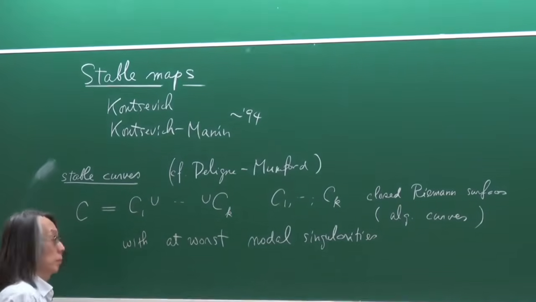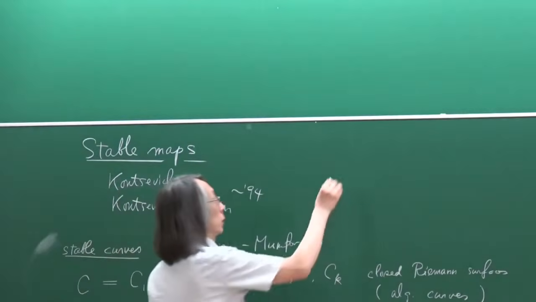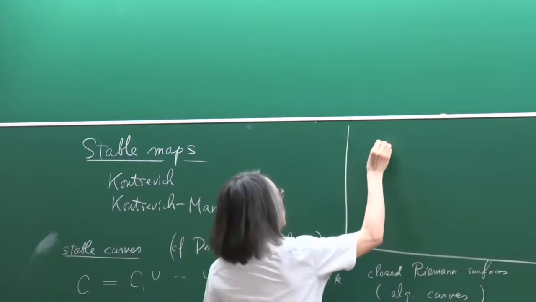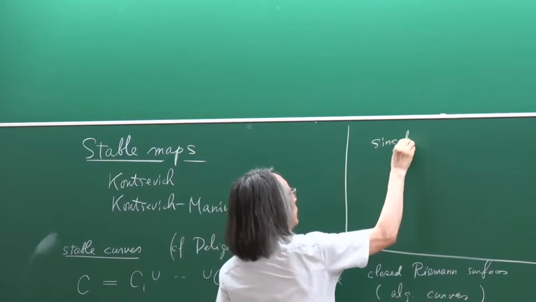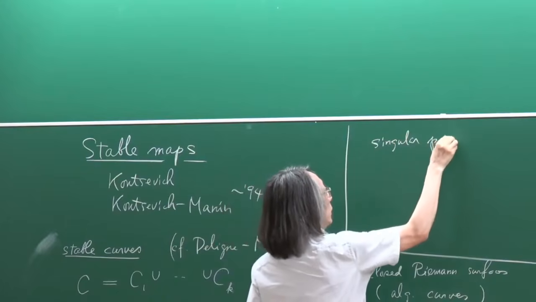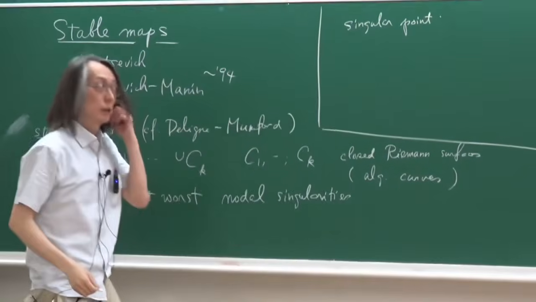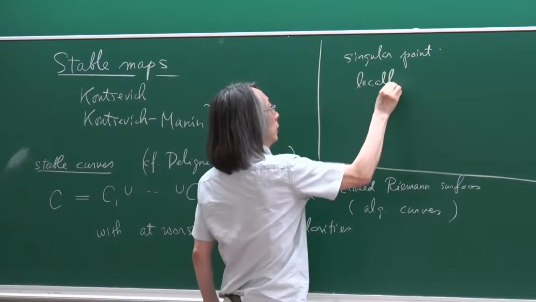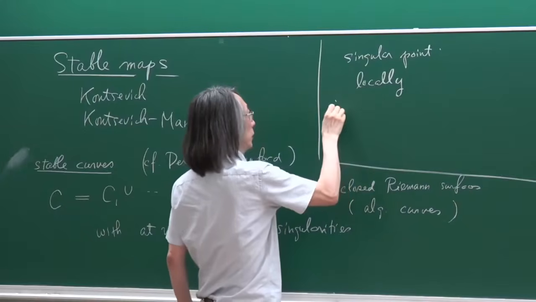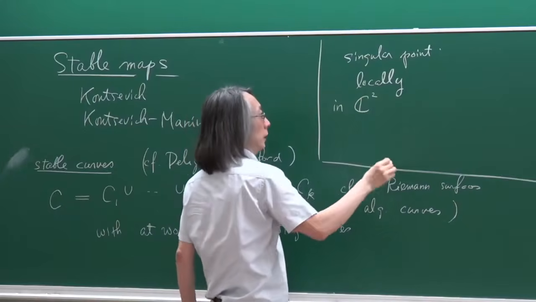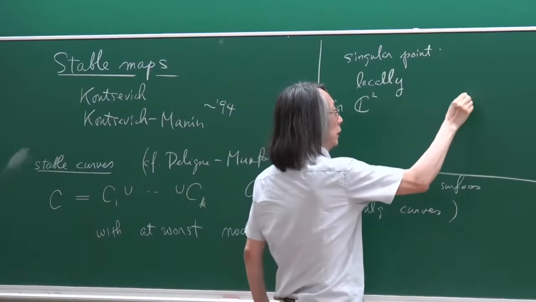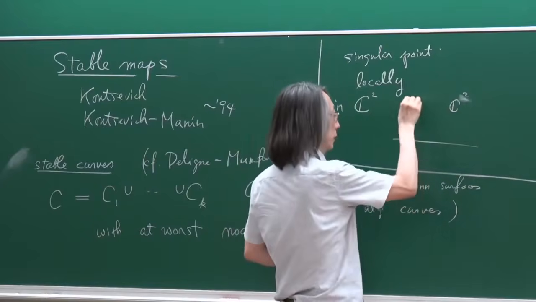Namely, locally, so singular points. So a singular point is only the following type, like locally. So in C2, you have C2 here, and then you have two coordinate axes like this.